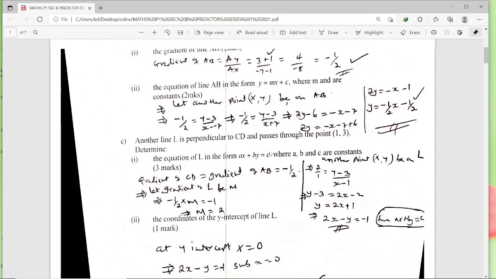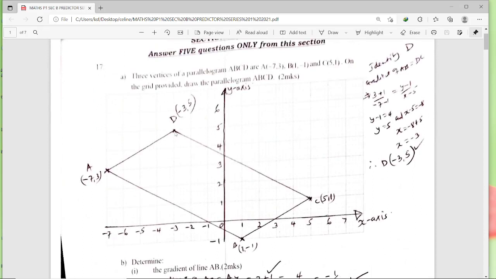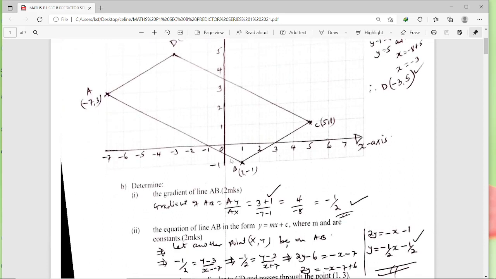First of all, we need to know that the gradient of CD equals the gradient of AB because they are parallel, so the gradients are equal. Now I need to find the gradient of the perpendicular line.